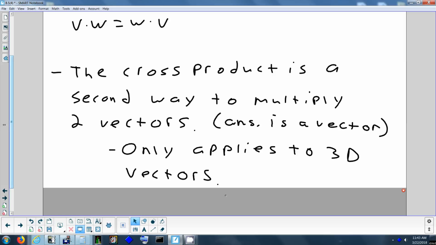It's a very special vector. If you give me two vectors and I find the cross product, the answer will be a vector that's perpendicular to both of the original. So if you had two vectors and you want to find a third one that's perpendicular to both, that's what the cross product does.